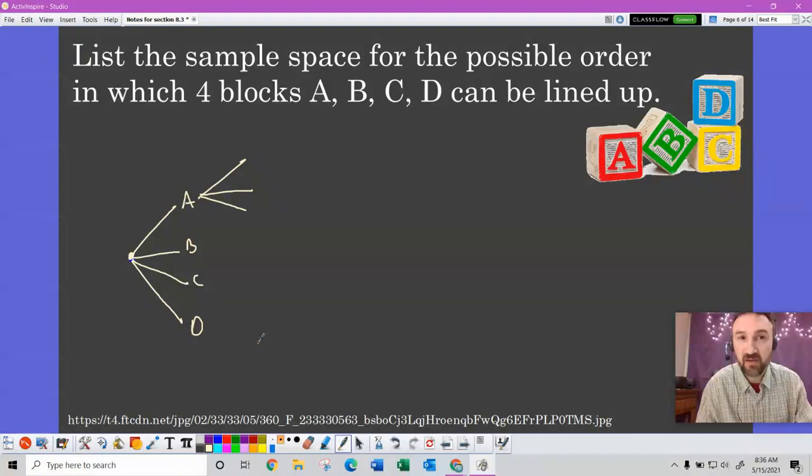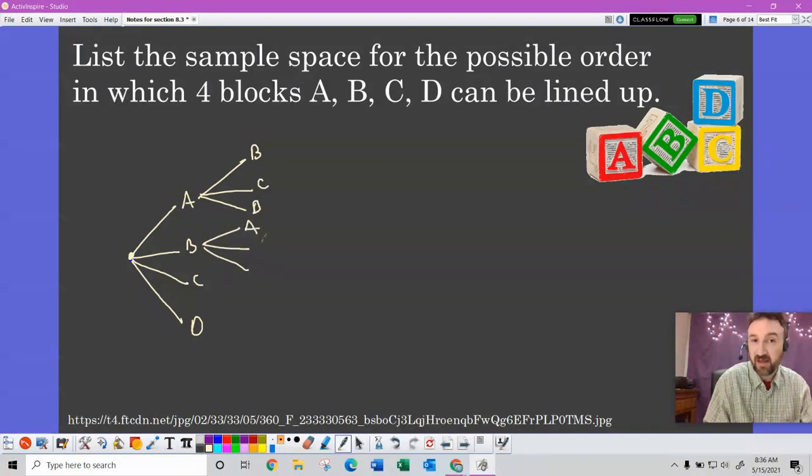Now if I select block A to be first, my only choices for the second block are B, C, and D. And if I select block B first, my only choices are A, C, and D. And then I hope you can see that this tree diagram is going to get messy in a hurry.